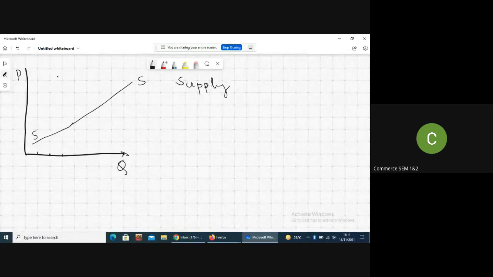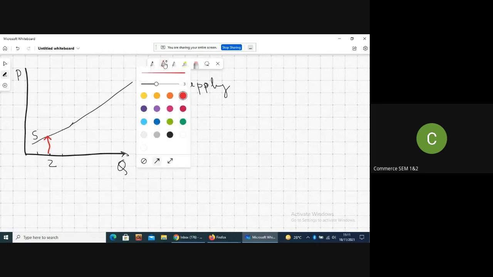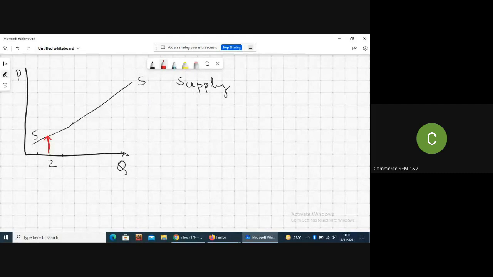As in the case of the demand curve, for the supply curve, say for this unit of supply, say this is 2 units, this is the price. This vertical distance is the minimum price; unless the producer or the seller receives this price, he or she will not sell.